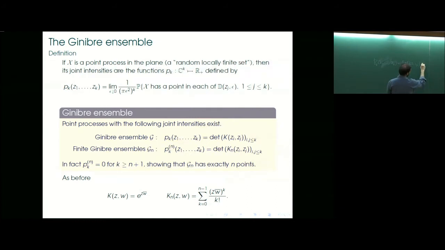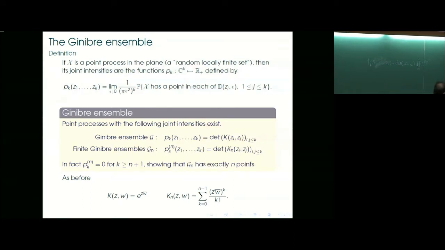It's not exactly that, but it is this with the Gaussian measure. So the joint intensities, if I normalize like this, should be multiplied by some Gaussian factors. Actually, I have expressed it with respect to Gaussian measure, that's why.